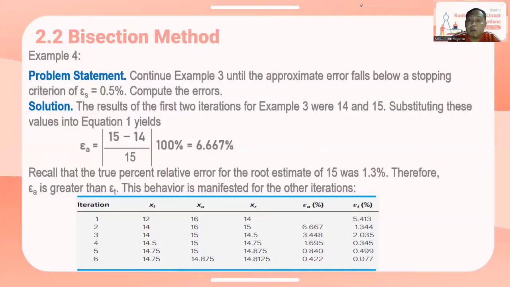Also, on the table below, as you can see, on the 6th iteration we derived an epsilon sub a, the approximate error, of 0.422%, which is near to 0.5%, the stopping criterion.